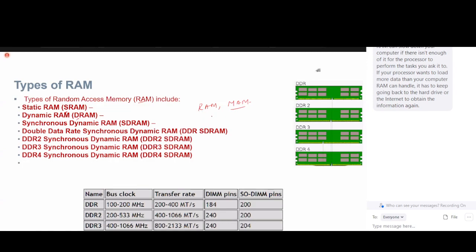So let's focus now. Ma'am, I heard about SDRAM. Okay, so what is it? Tell us. It is, ma'am, single data rate. Okay, so SRAM and DRAM, S for static RAM, D for dynamic.